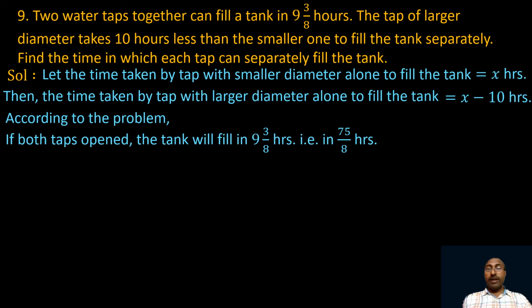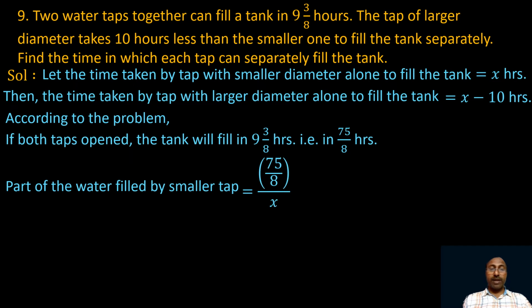If only one tap is open, then the part of the water filled in x hours is 75/8 by x. The part of the water filled by the smaller tap is 75/8x, because if both taps open, the tank is filled in 9 3/8 hours.